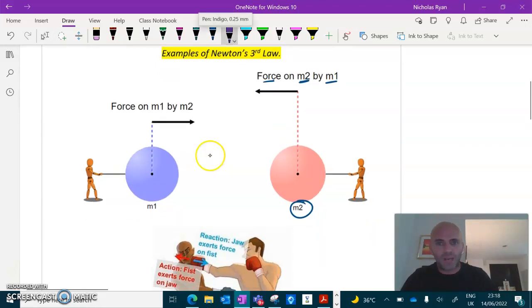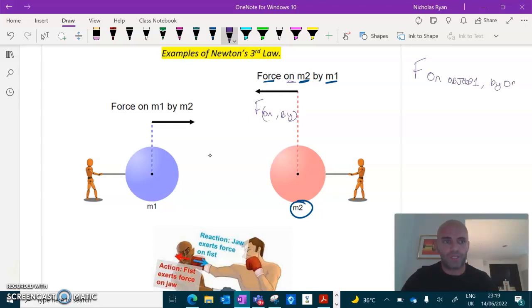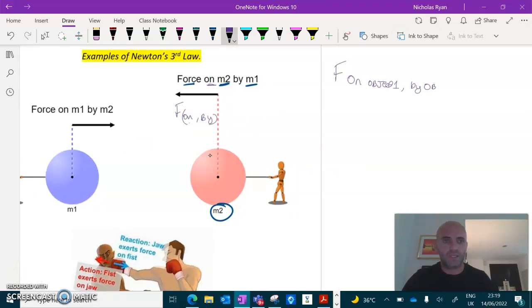So you can see that how it's written is this would be F. We usually use the convention of on by, okay? So the force on object 1 by object 2. So that's the convention we would usually use. Force on object 1 by object 2.